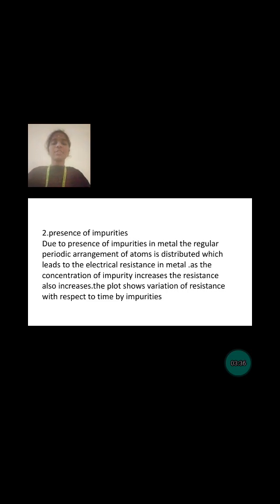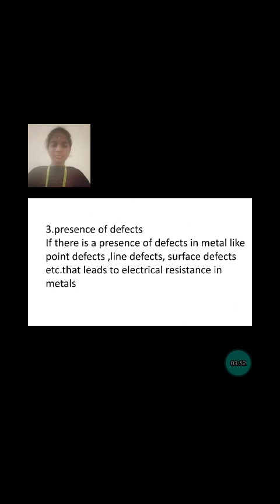As the concentration of impurities increases, the resistance also increases. The plot shows the variation of resistance with respect to temperature and impurities. This type of graph shows the whole concept explained.